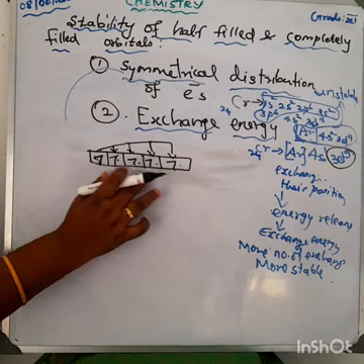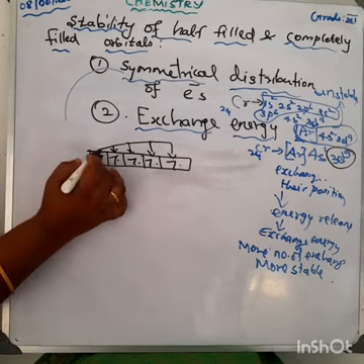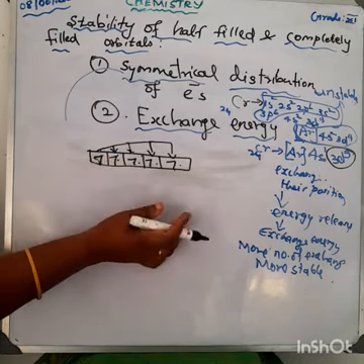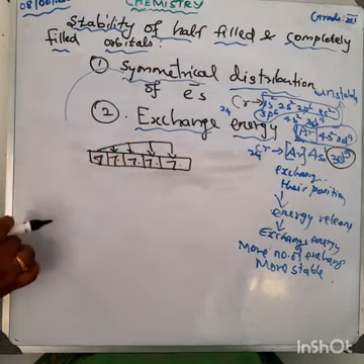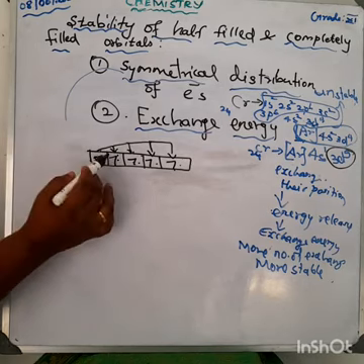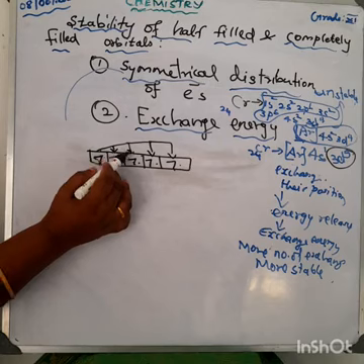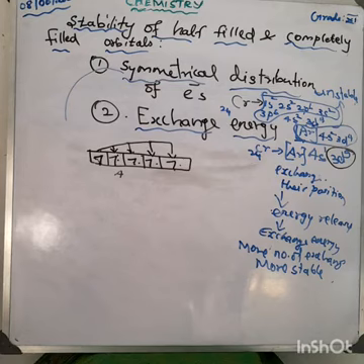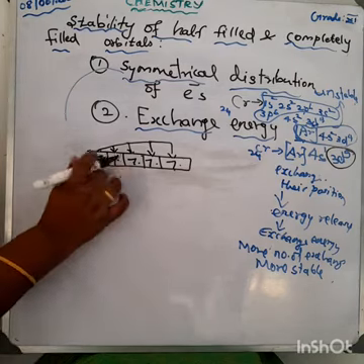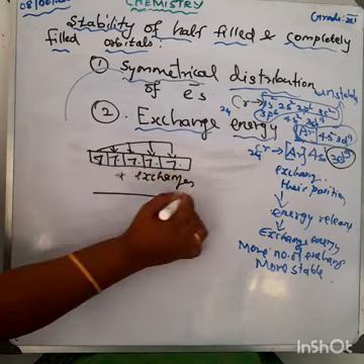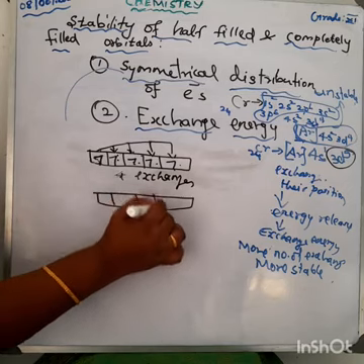When exchanging position, so much energy will be released by this electron. So how many possible exchanges are there here? Totally 1, 2, 3, 4, so 4 exchanges by the electron. This is the half-filled d orbital, and 4 exchanges are possible here.